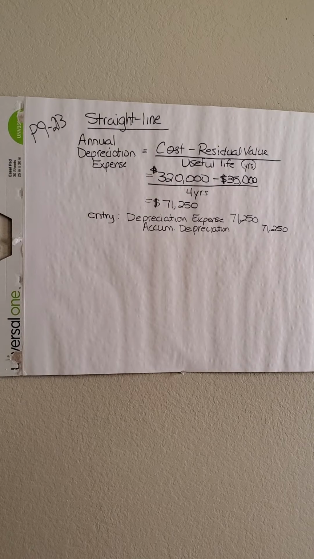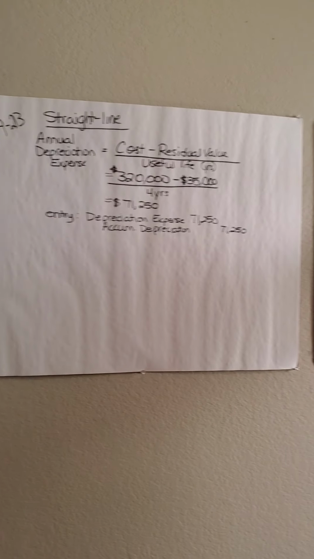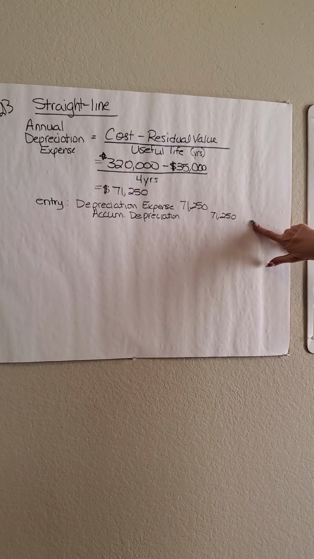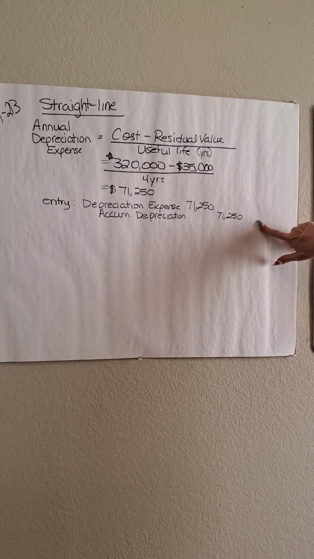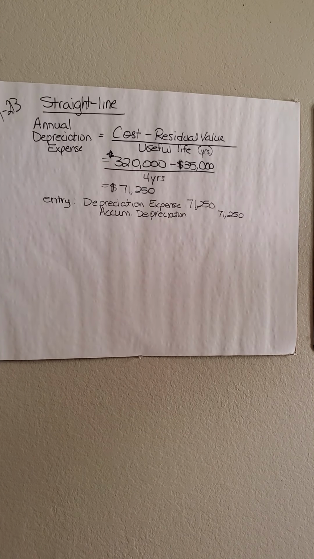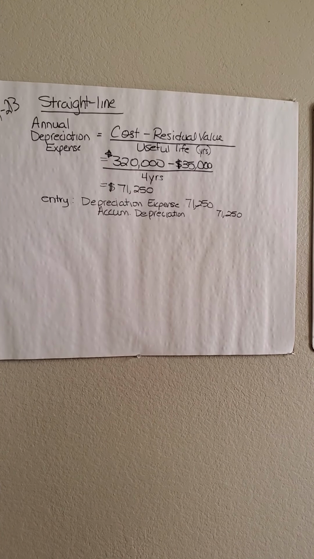And so if you wanted to calculate out the book value at the end of the first year, you would take the $320,000 and subtract $71,250 for it. So that's how you're going to calculate depreciation expense under the straight line method.